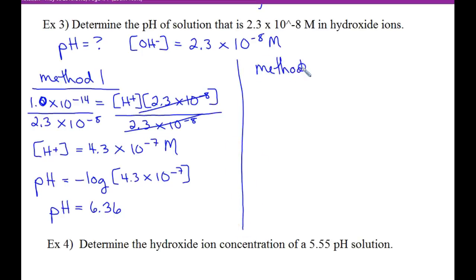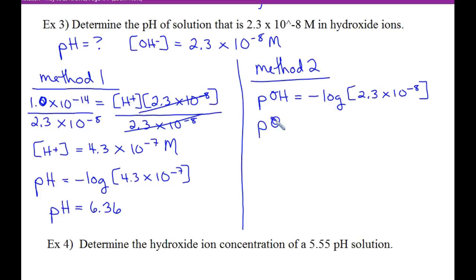Now, method 2, again, same way as method 2 in the previous problem. Since I have the hydroxide ion concentration, I'm going to solve for the pOH by taking the negative log of that concentration.